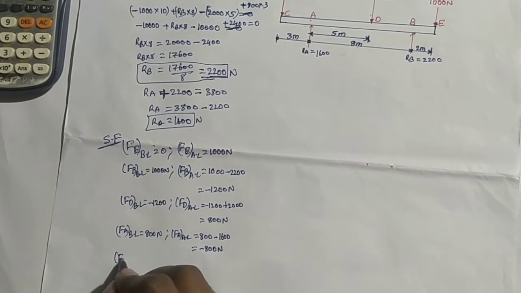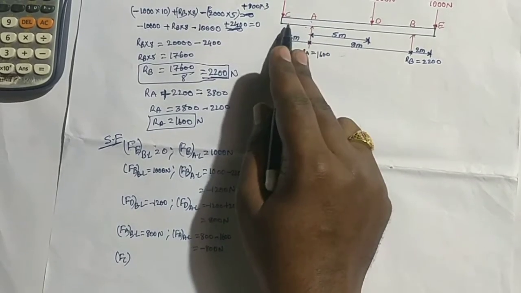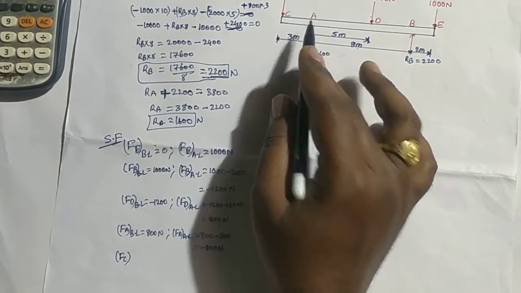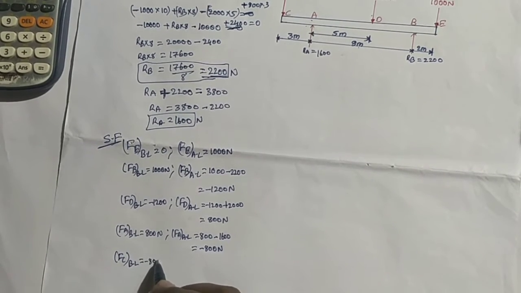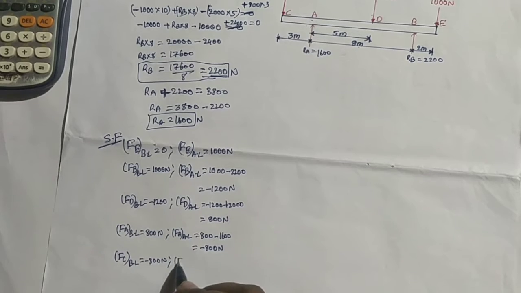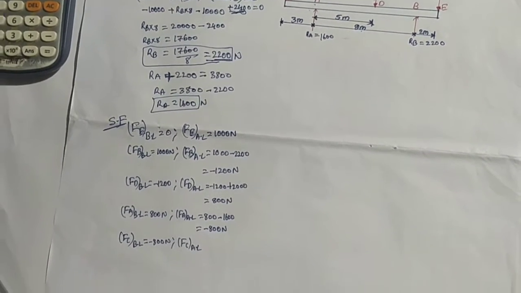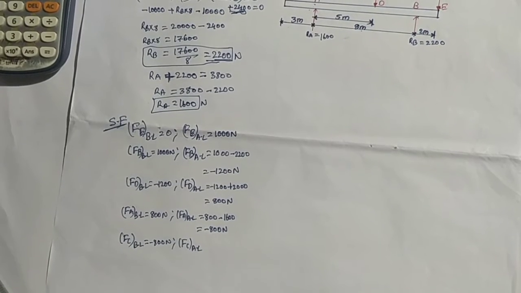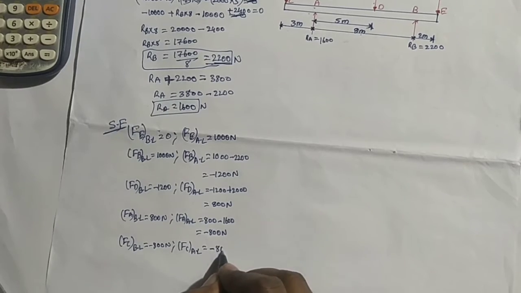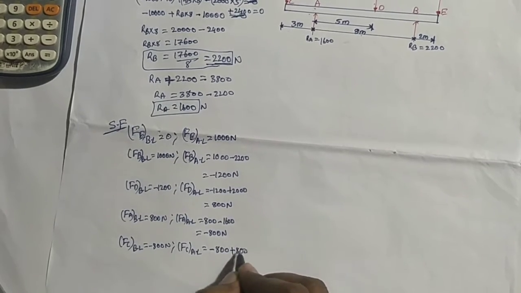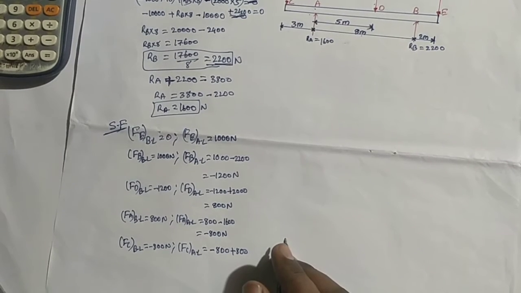Next we need to calculate shear force at point C. Between C and A there is no load, so the shear force is the same as at point A, that is, shear force at point C before load is minus 800 newtons. Next, shear force at point C after considering the force acting at point C: minus 800 plus 800, because at point C the load of 800 newtons is acting downward, which is positive.